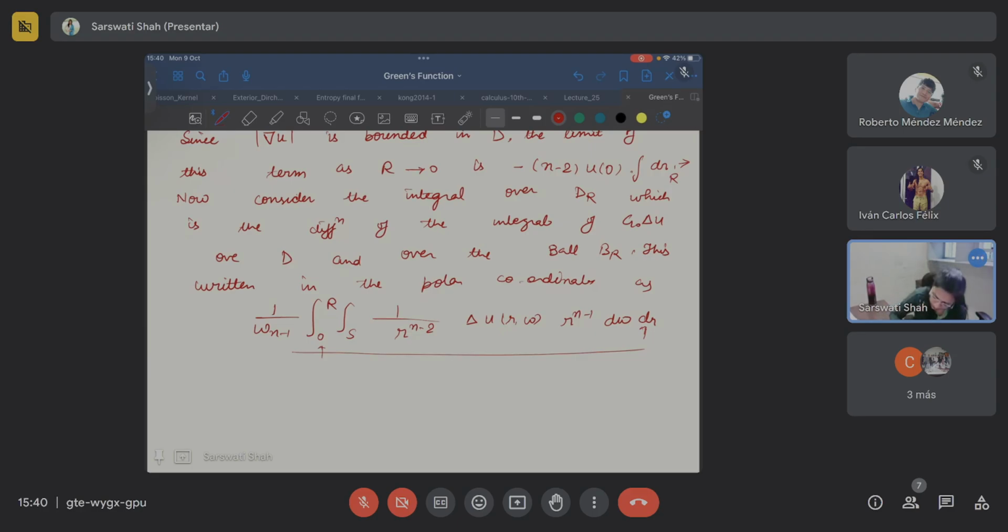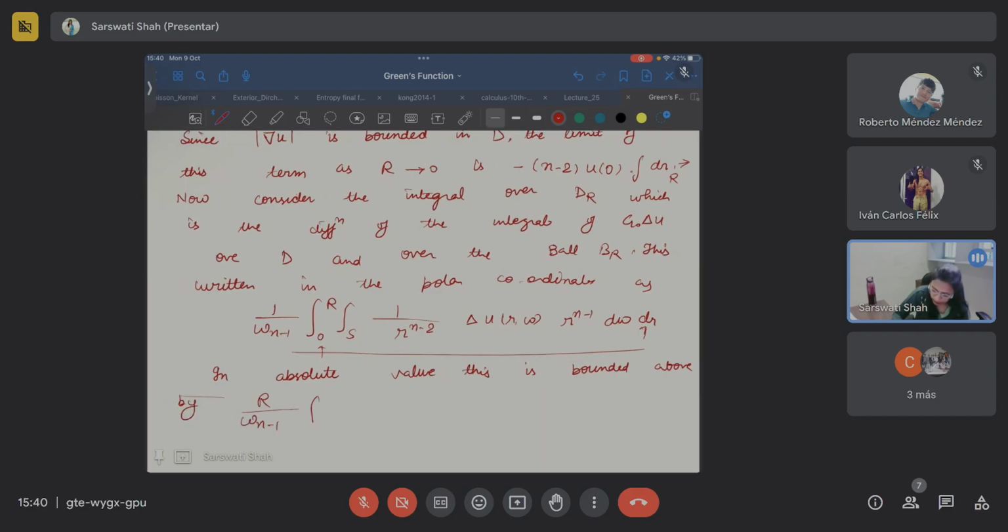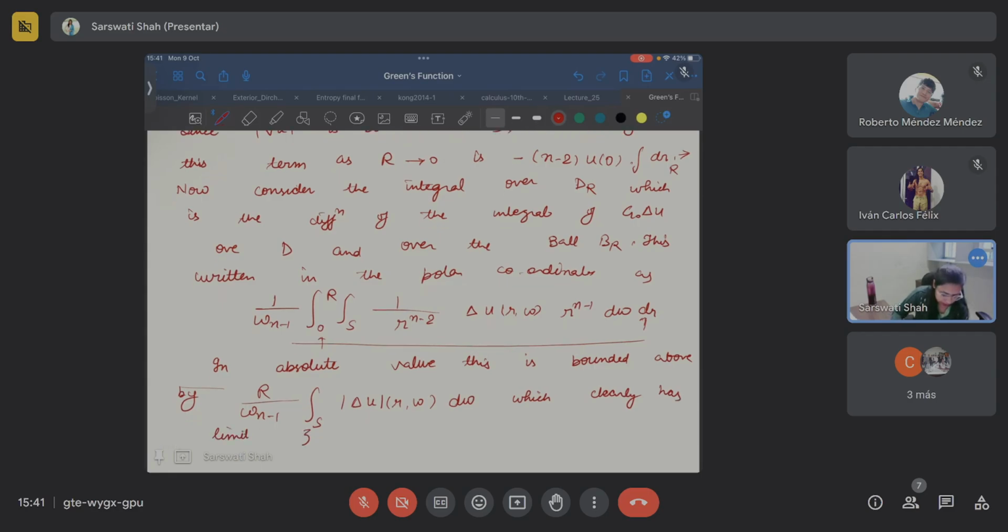So if you take the limit, R has a maximum value capital R. So in absolute value, this is bounded by R over ω_{n-1} times the sup of the modulus of the Laplacian of u, depending on R and dω, which clearly has limit 0 as R tends to 0.